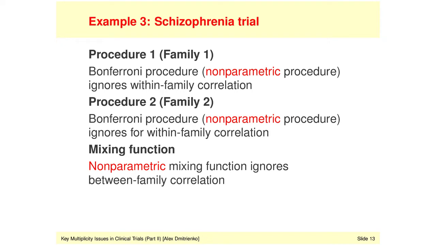For example, as you see on the slide, we can apply the Bonferroni procedure within the primary family, also the Bonferroni procedure within the secondary family, in which case we're not going to account for the within family correlations. And we're also going to consider a non-parametric mixing function, which means that we're going to apply the same approach. We're going to ignore the between family correlations.